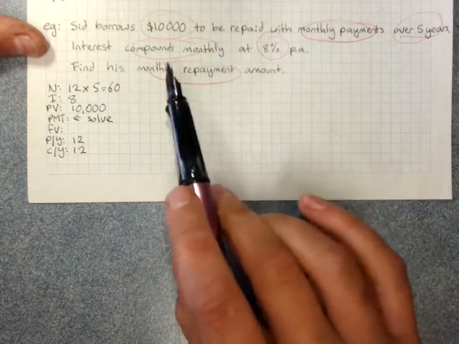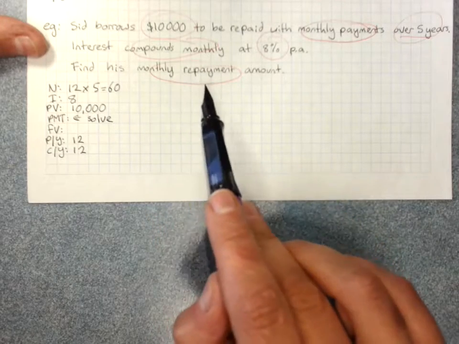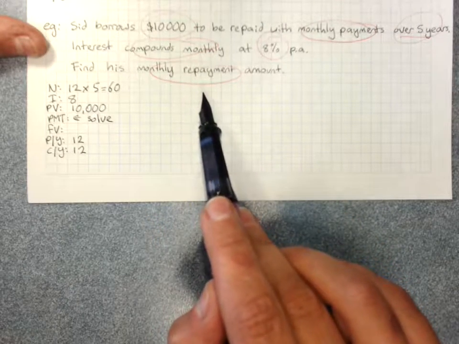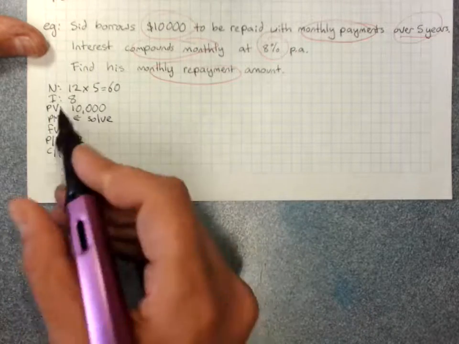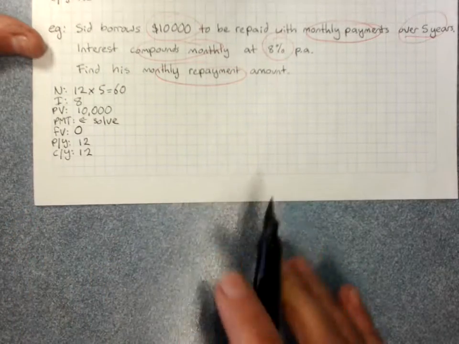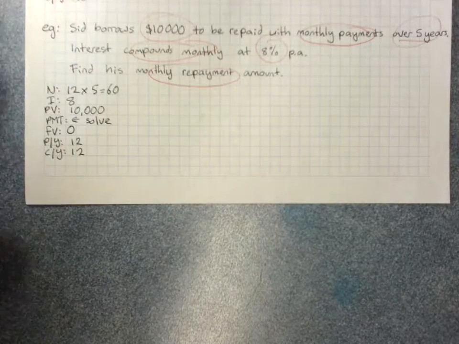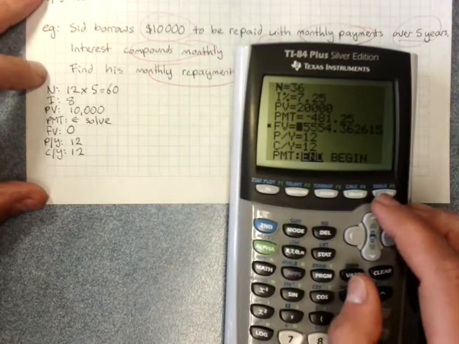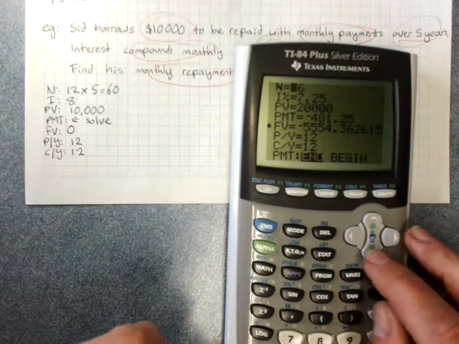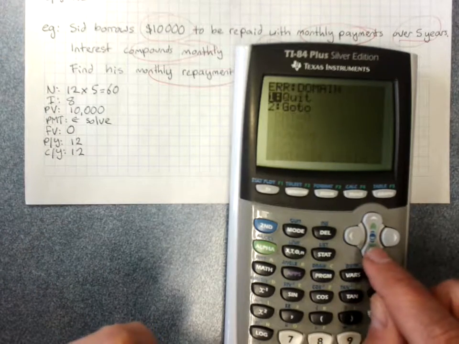And the repayments are based on paying off the loan in full, so our future value must be 0 because he needs to calculate how to repay the whole loan. Clear everything that was in there before, just by popping 0 in everything is easier.